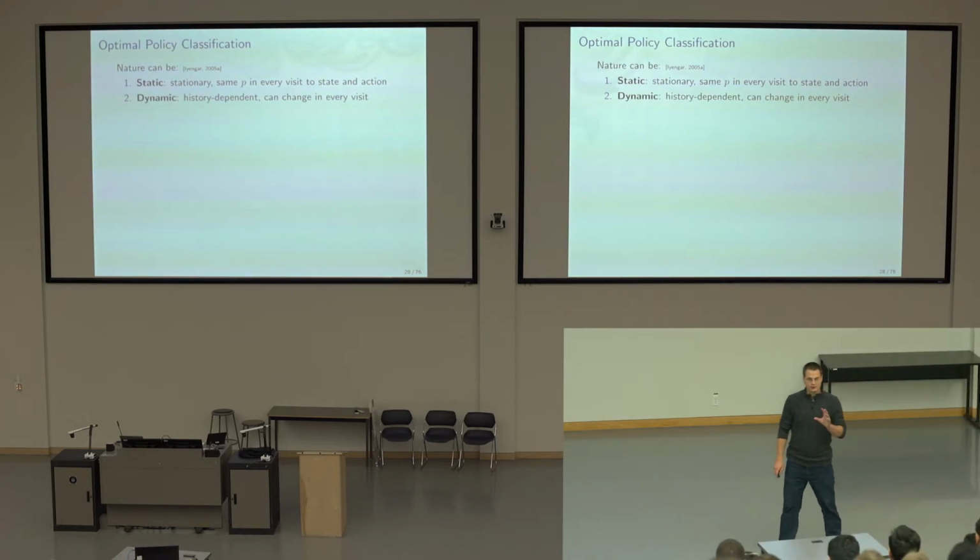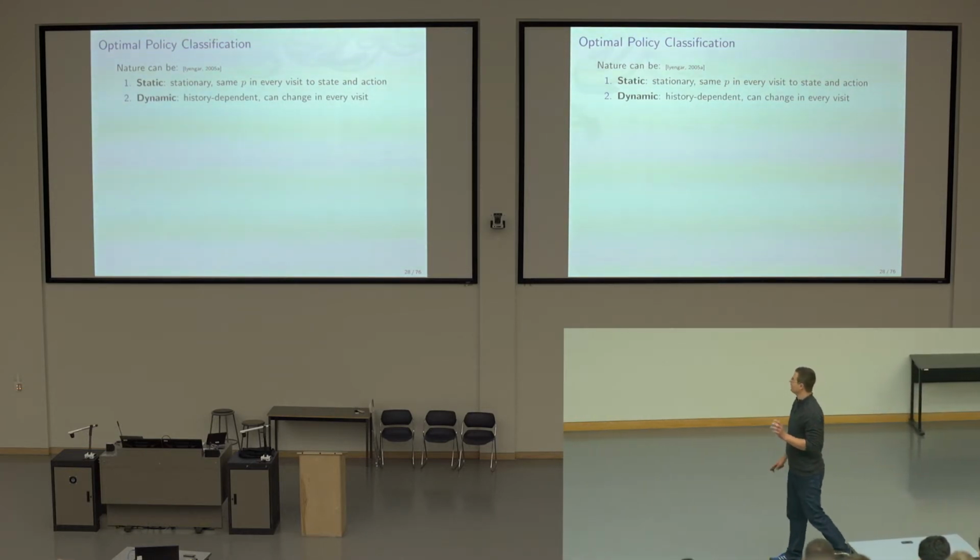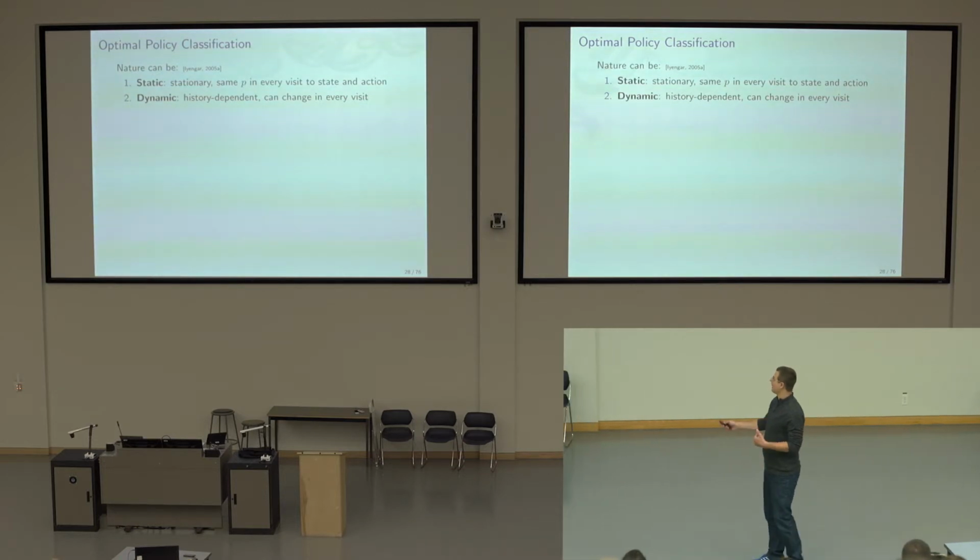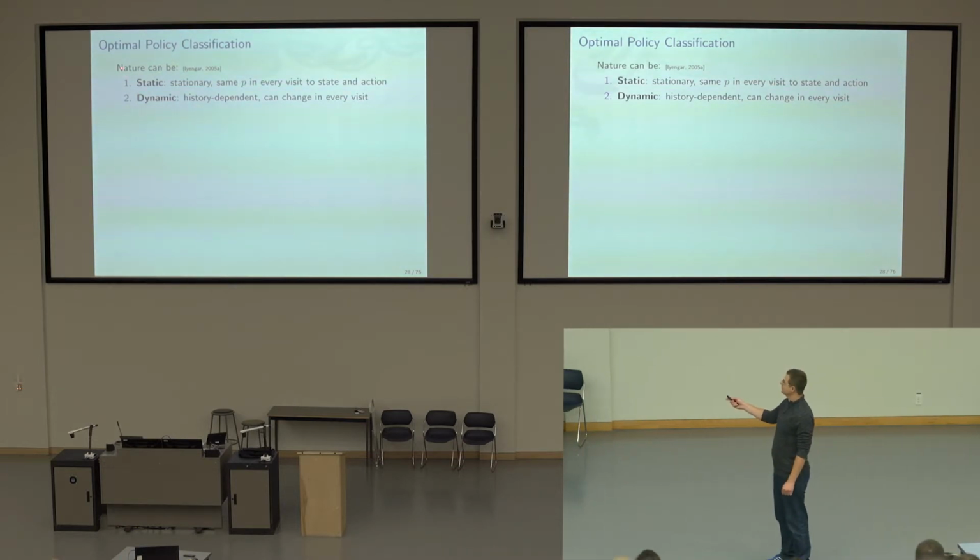Now, I'm not going to go into details with this topic, but you can further ask whether your nature is static or dynamic. A static nature is going to pick the same transition probabilities every time you visit a state.